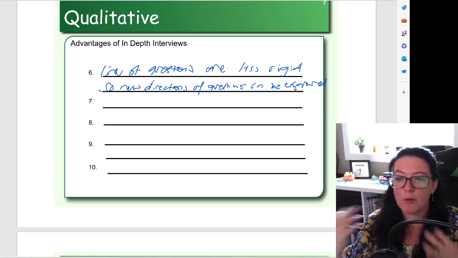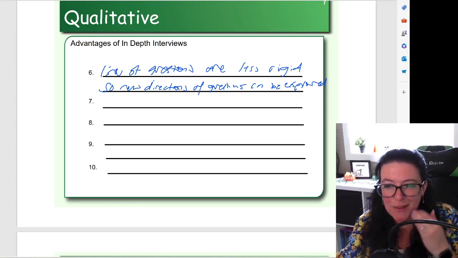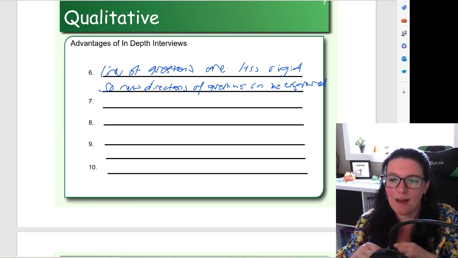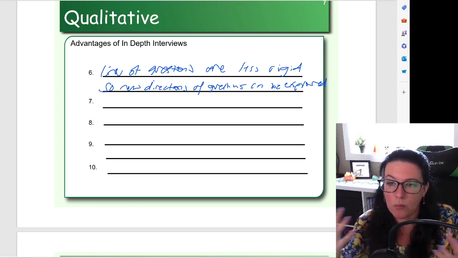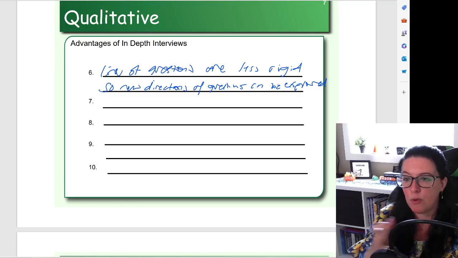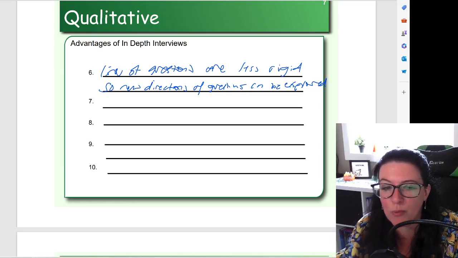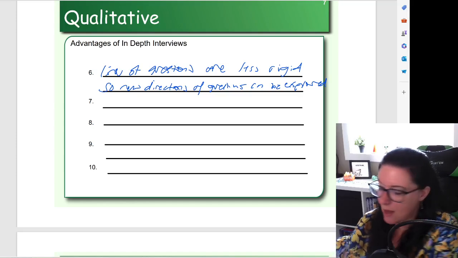So there's a bit of an improvisation to this in terms of you come in on a general topic, and then depending on the type of information they provide, you can move into different avenues with one participant than another.